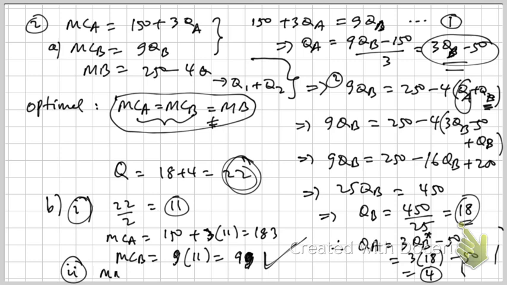The marginal benefit is going to be 250 minus 4 times 22, which is 250 minus 88. 250 minus 88, it's going to be 162, I guess. 162. So 162 is actually the per unit tax. In this case, that's where you have to put them.